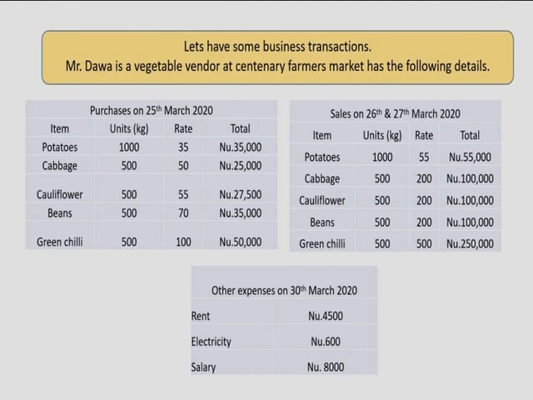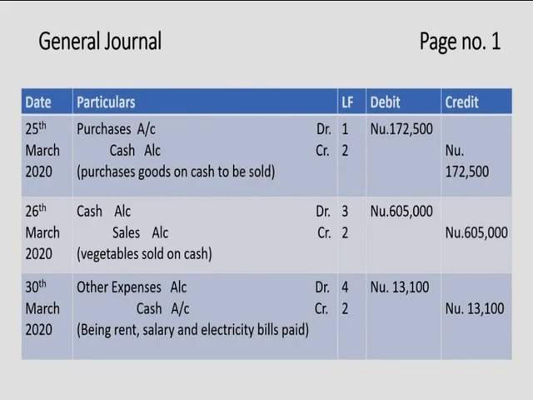In the first step, we will prepare journal entries for these transactions. The journal entries will be recorded in the general journal book. In the general journal book, every page will have a number. This is called the journal number, and here we have recorded these transactions in the general journal, page number 1.